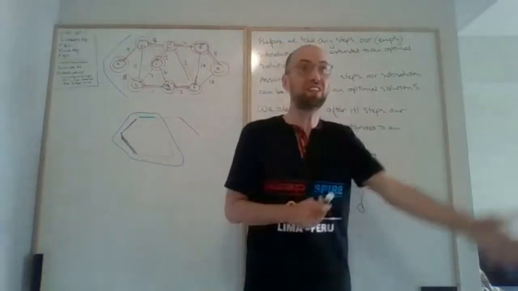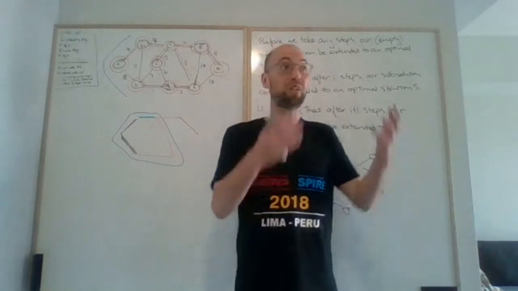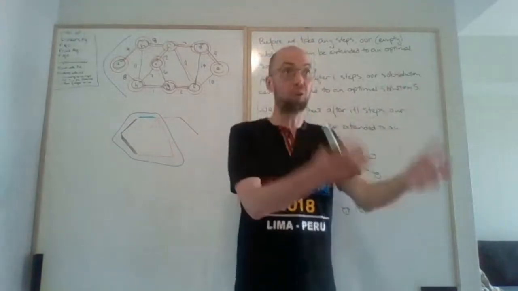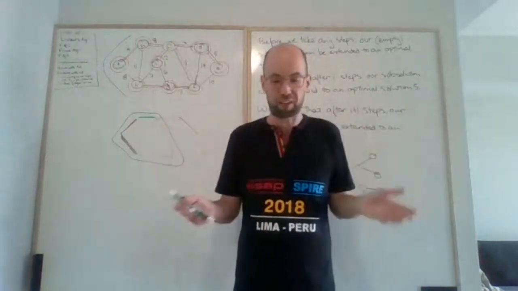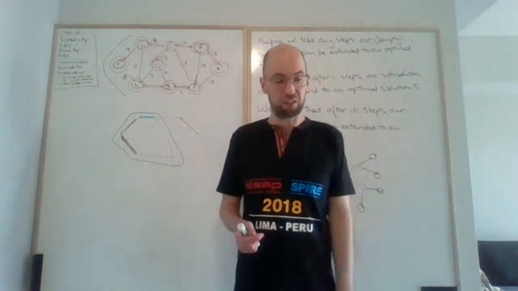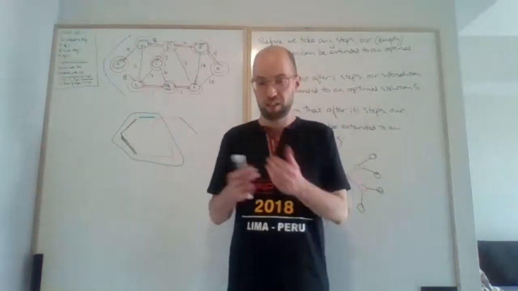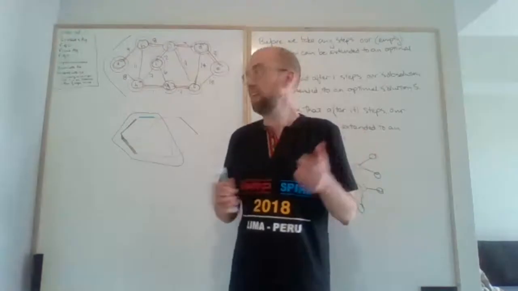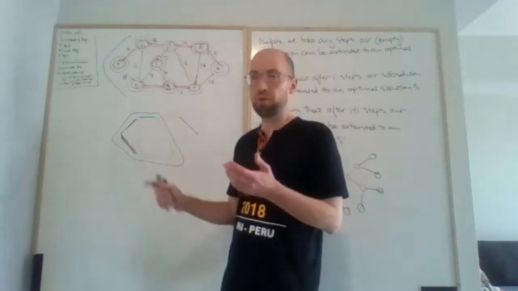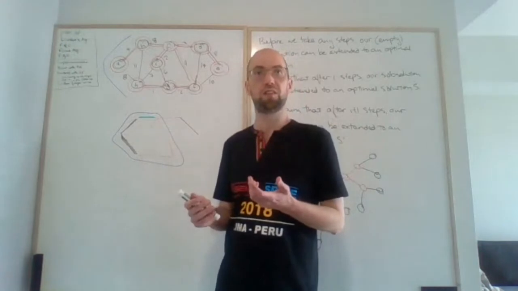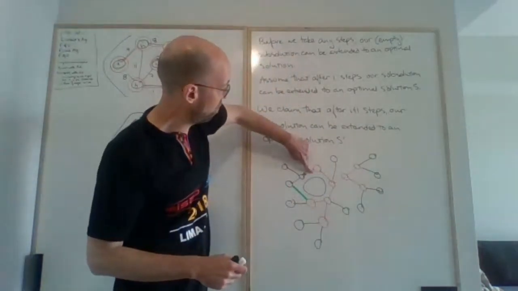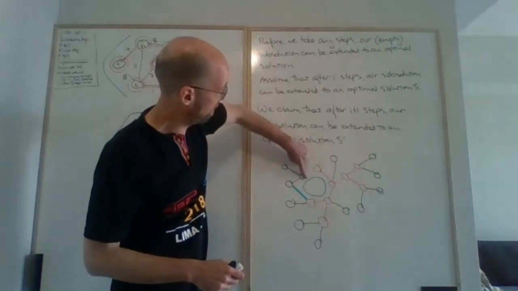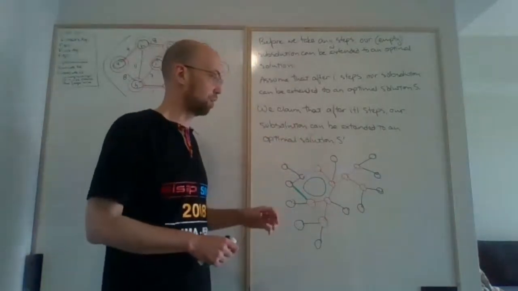Why? Because it is incident to our tree so far, so it is among the things we can consider at the I plus first step, and we don't consider it next. We take the green edge. So that means it can't be that this edge is cheaper; otherwise, we would have taken this edge. Therefore, we can put the green edge in and take out this black edge, which is not cheaper.